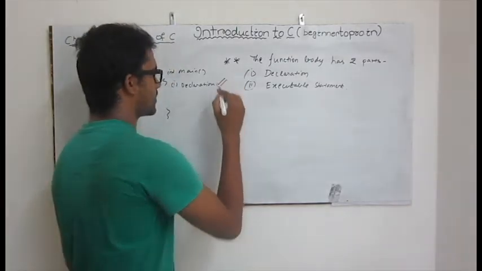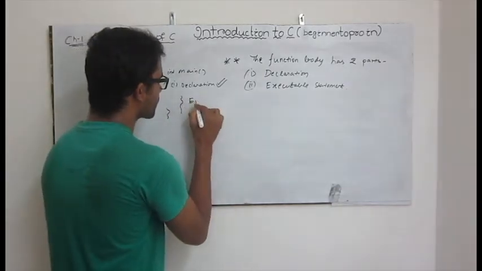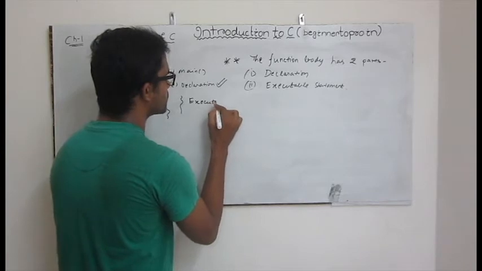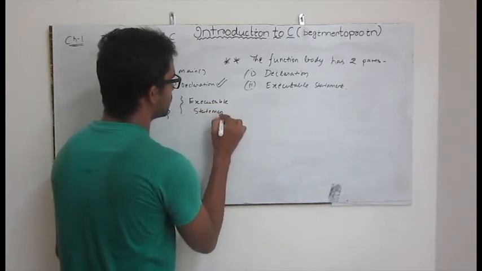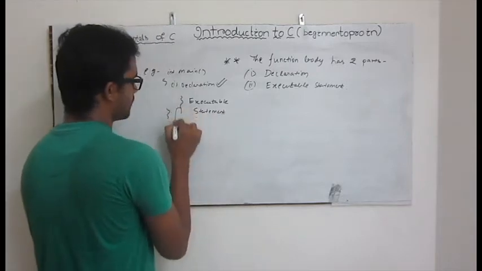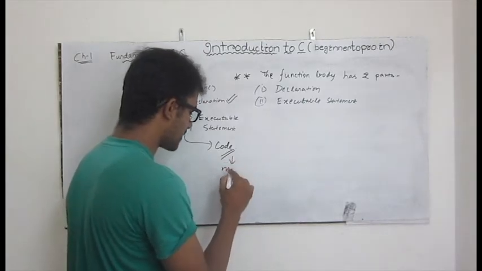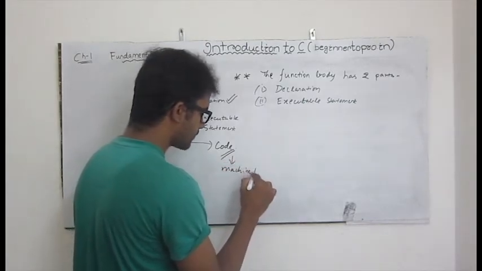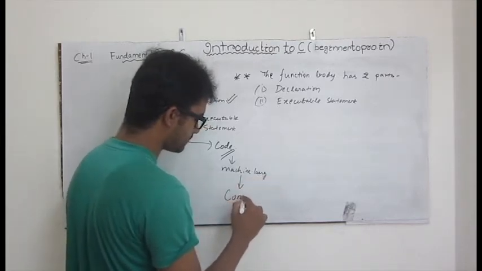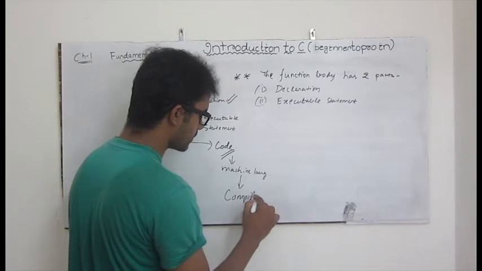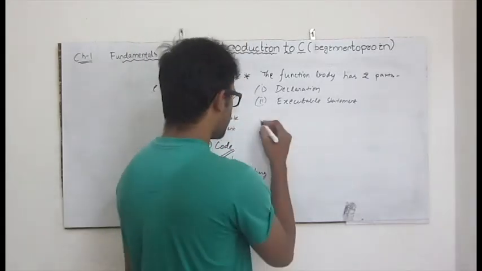So our first part is declaration. Then the executable statement. Here we are writing the code only. Then it is converted to machine language, and then it is sent to the compiler. So our next topic is standard identifier.